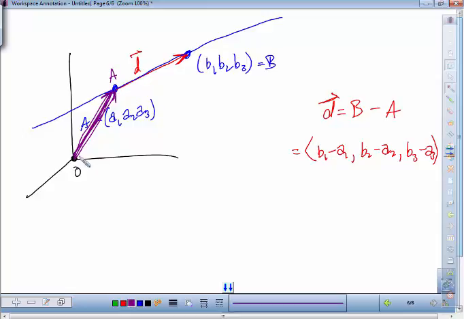If I go to point A and add D to it, then I will be at another point on the line.